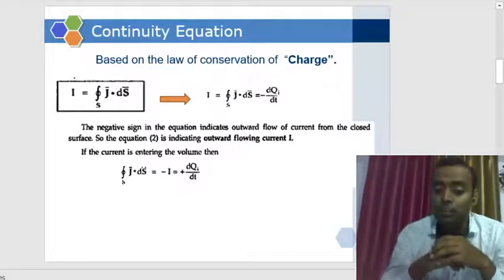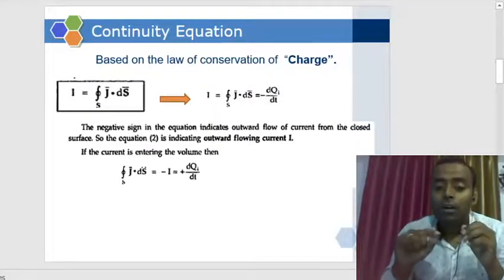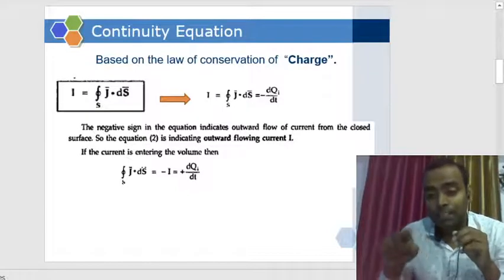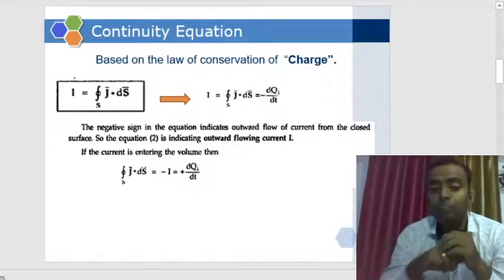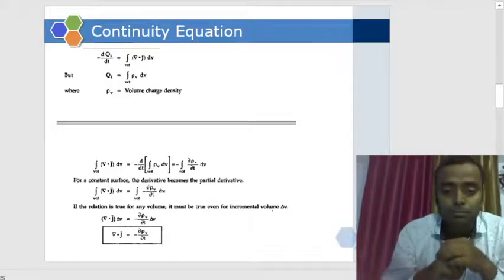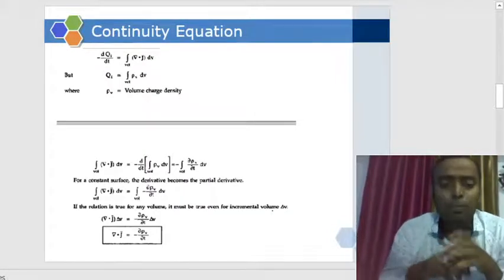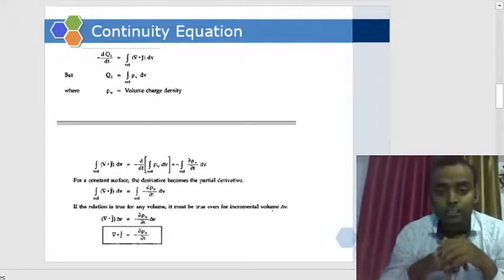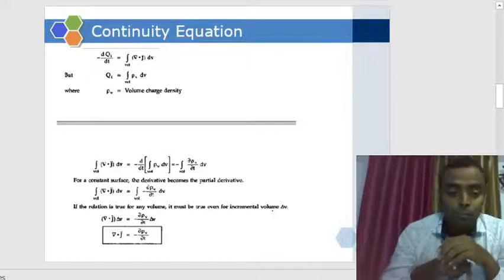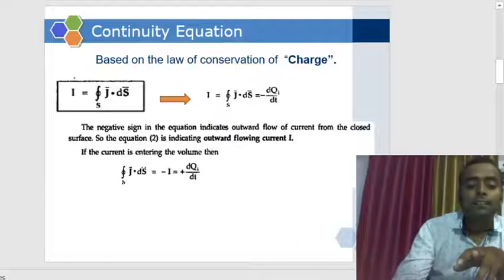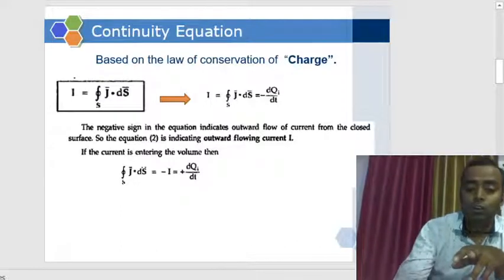So it will be minus of I, and so minus d by dt of Qi becomes plus d by dt of Qi. So from this mathematical manipulation, the surface integral of J dot dS is equal to plus d by dt of Qi, isn't it?